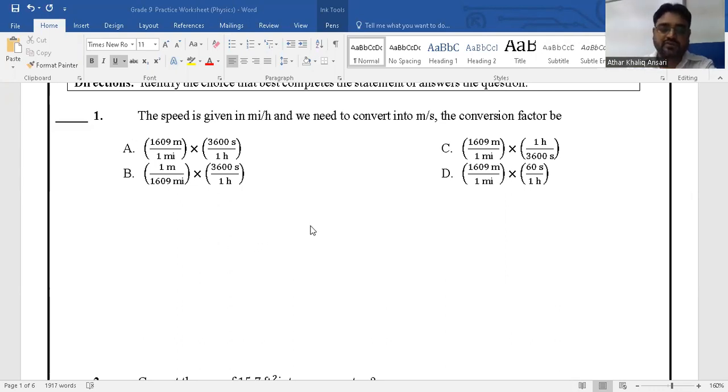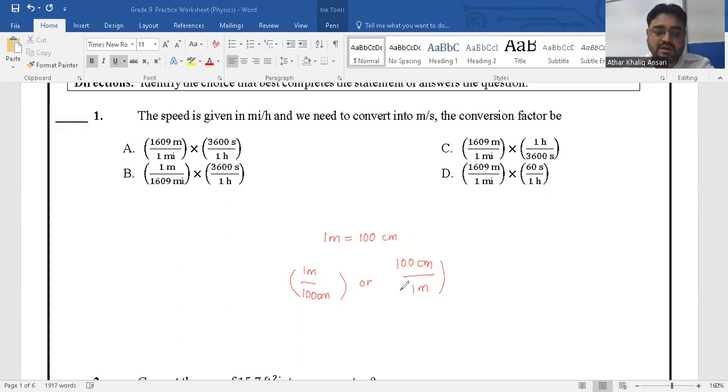For example, if you know a simple relation between centimeter and meter, that 1 meter is equal to 100 centimeter, then if I write this as a conversion factor, I have two ways to write it: 1 meter over 100 centimeter, or 100 centimeter over 1 meter.